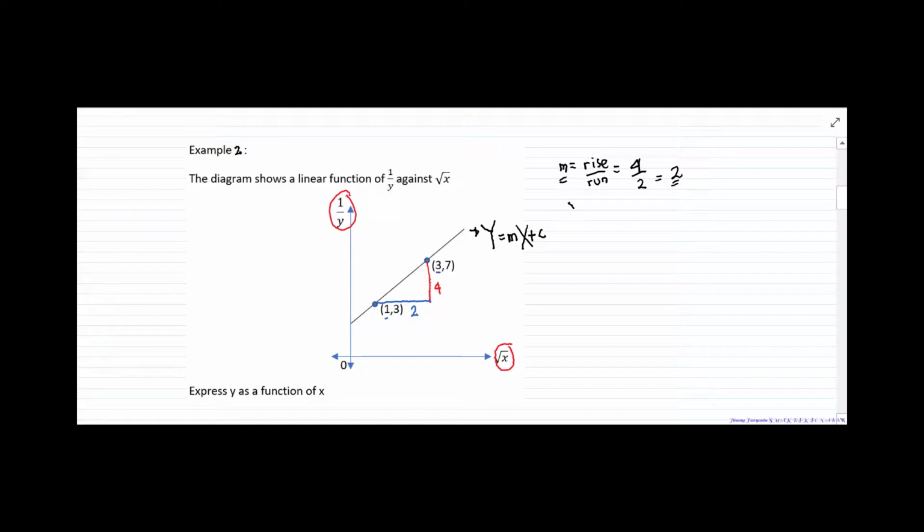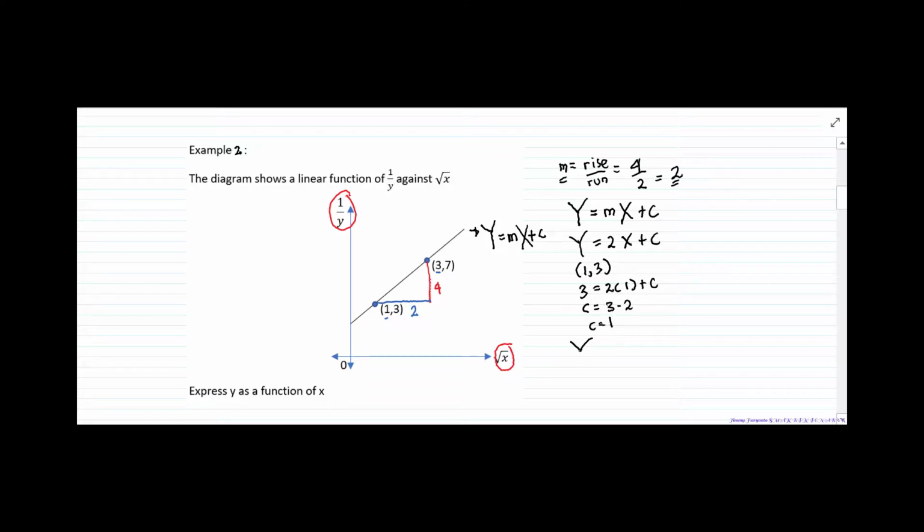So we can write big Y equals to mx plus c. Since we have the gradient, we can put the gradient into the equation, and then we have y equals to 2x plus c. To find the c, we will use 1, 3. We put 3 equals to 2 in the bracket 1 plus c. So the c will be 3 minus 2, c equals to 1.